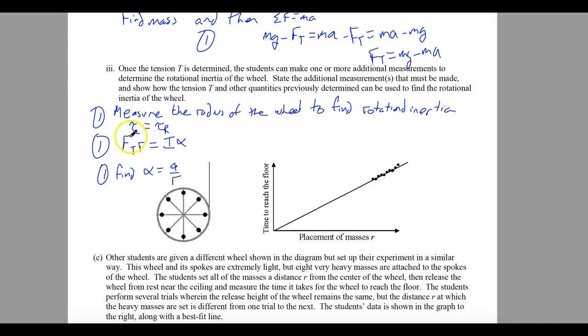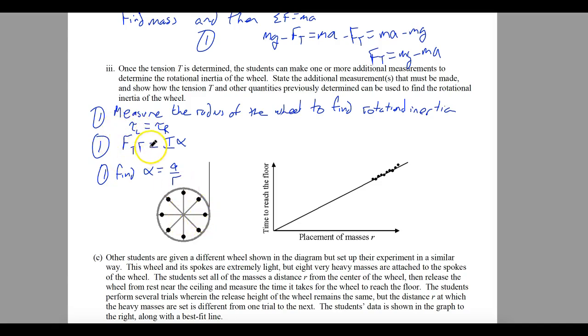Once you do that, we know the torque on the wheel itself. When you pull up on this with a linear force and it counteracts this, it makes the wheel turn along this radius.